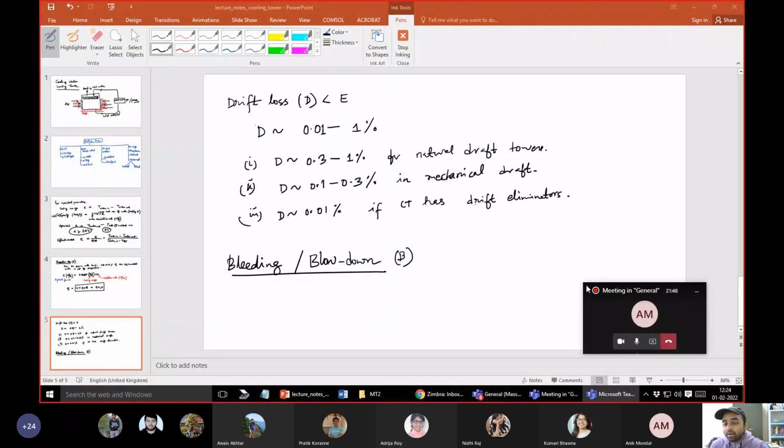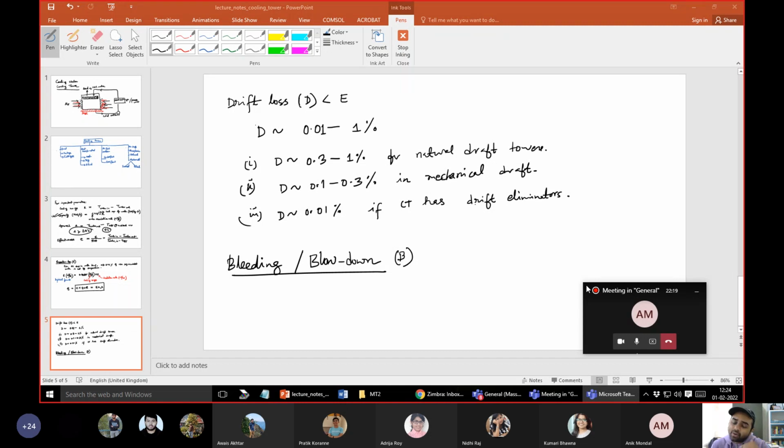So now, what is this blowdown essentially? As you have rightly said, with time, as more and more water gets evaporated and drifted away, the concentration of these dissolved solids will continue to increase in this circulated water, right? Because this circulated water is continuously recycled. I will talk about the fresh water addition also.